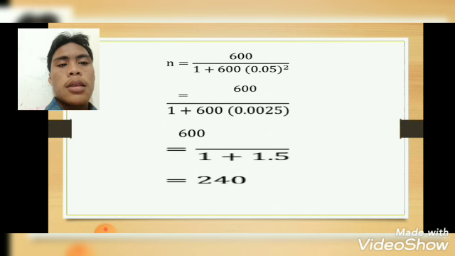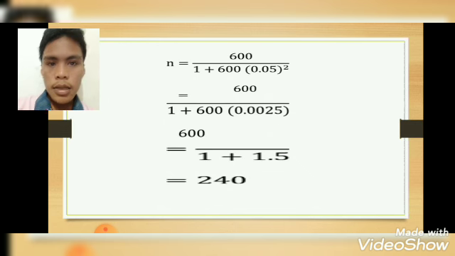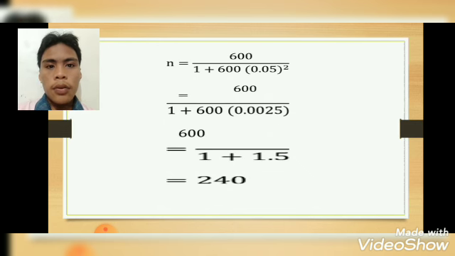Next is 600 divided by 1 plus 1.5. The answer is 240.